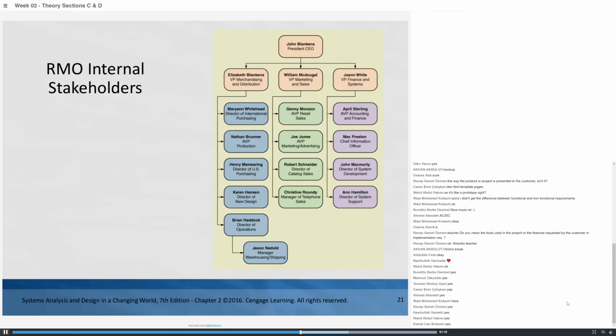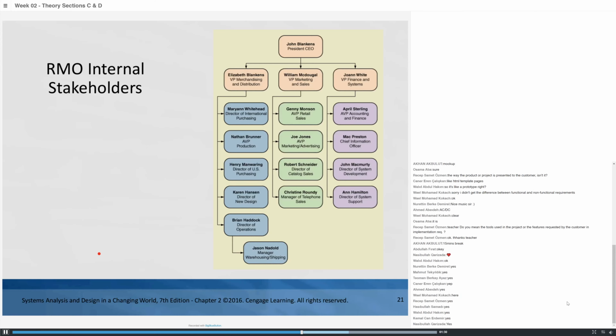And yeah, the text size is not good, I know, but you can name the stakeholders after that list. For example, those orange ones are the executive managers. So John Blackens, CEO.